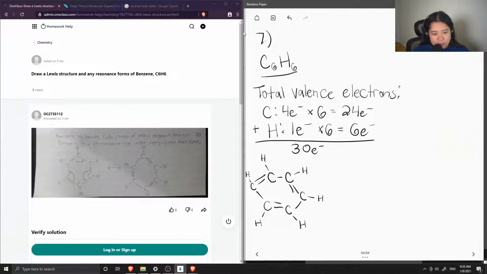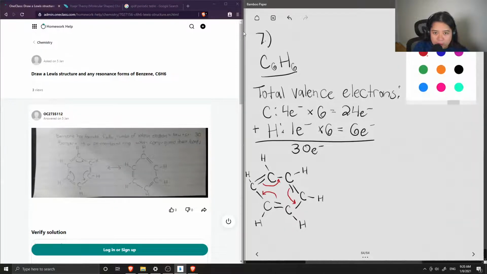So this is one of the Lewis structures of benzene, and I can also show how the double bonds can kind of move around in the molecule to get a second resonance structure.